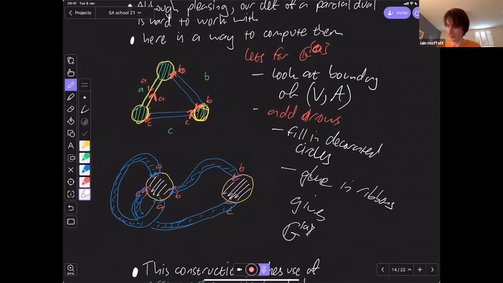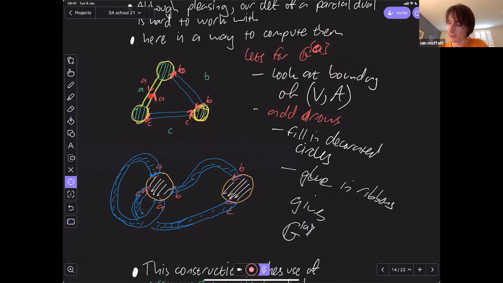In fact, with the previous definition, there was little hope of calculating all but the simplest examples. But this one here is routine, it's very combinatorial. So to run through this again: you look at the boundary cycles of the subgraph formed by the edges you want to dual. You decorate them with arrows where they touch edges.